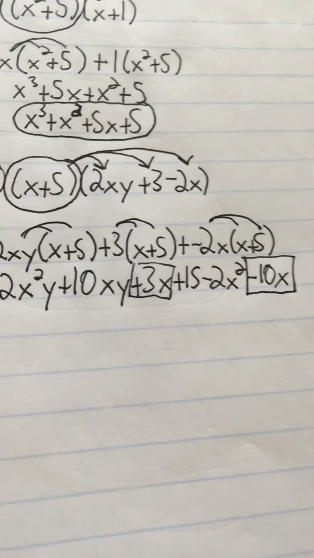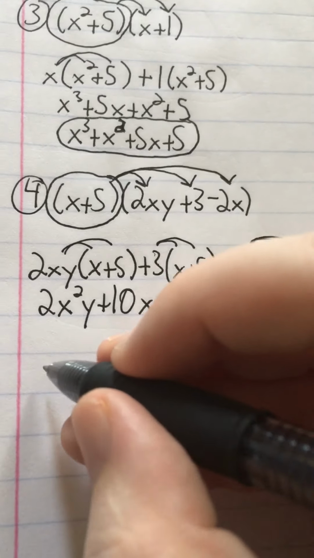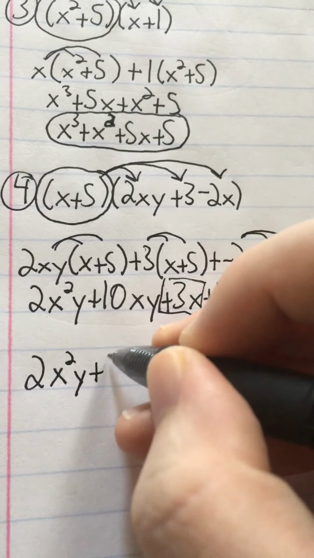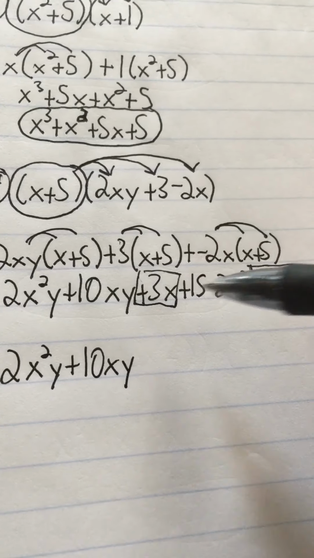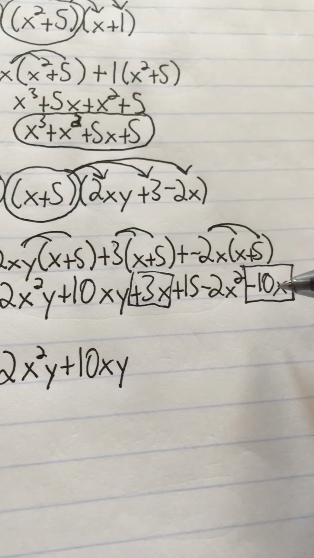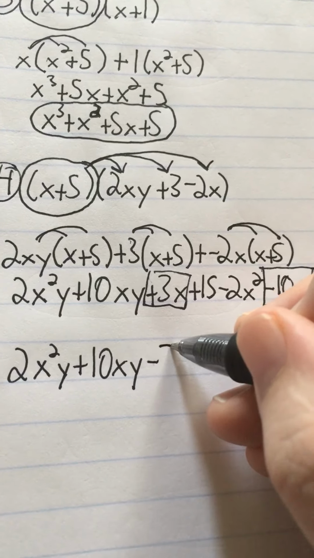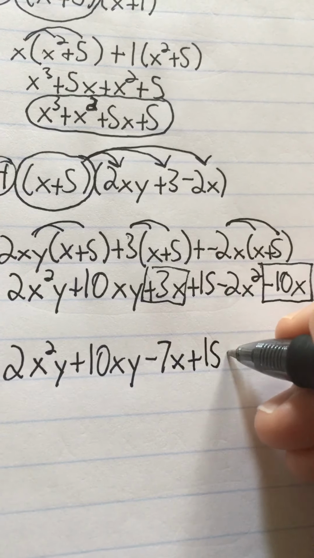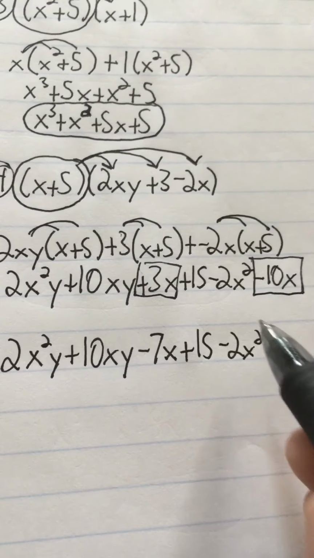So I'm going to combine those so that way we are left with a 2x squared y plus 10xy, and then 3x plus a negative 10x leaves us with a negative 7x plus 15 minus 2x squared. And that should be your final answer.